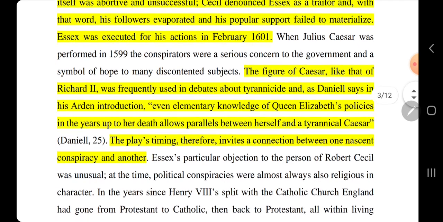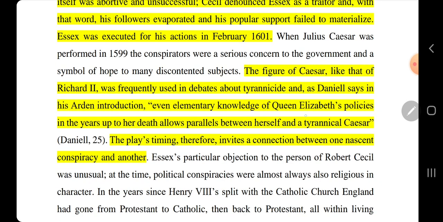So there is a connection between Queen Elizabeth and Julius Caesar, our play. The connection is that Queen Elizabeth is a monarch and so is Caesar.